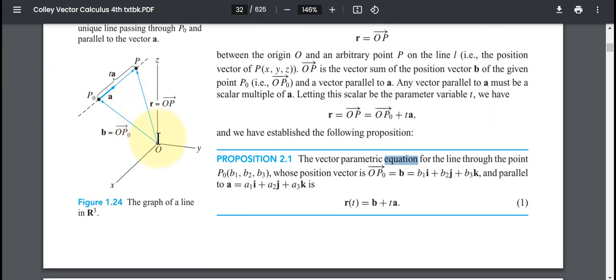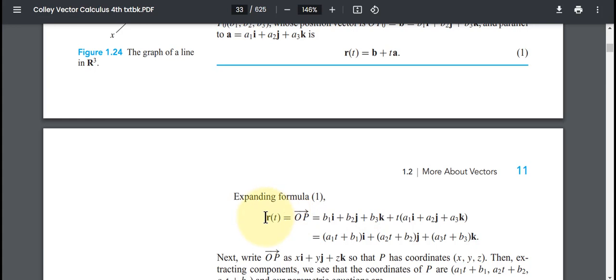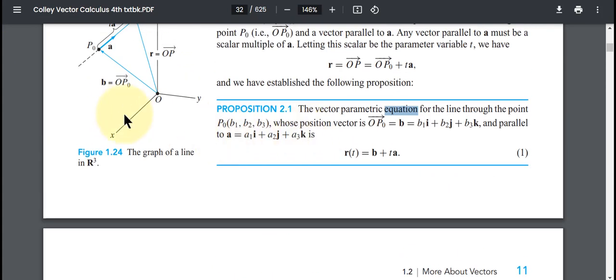So remember, this is R here, which we can also call OP. So we'll say R, which is also called OP, is equal to this plus this. But B is here, and it's associated with the point P sub 0, and it has some coordinates, which we are calling B1, B2, B3.